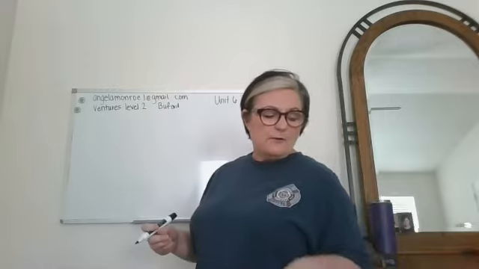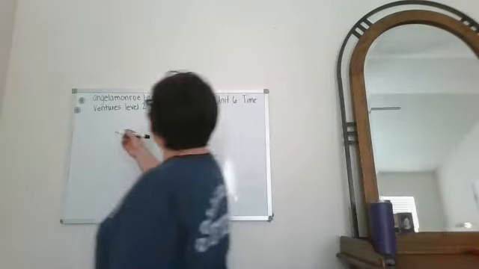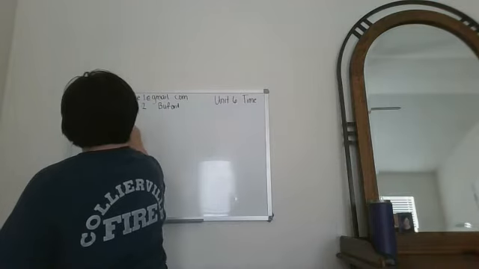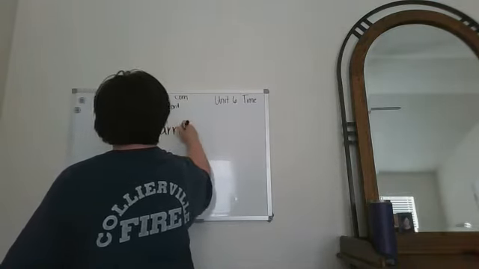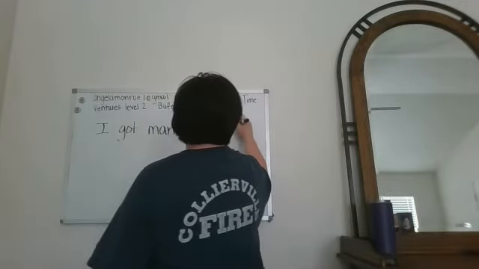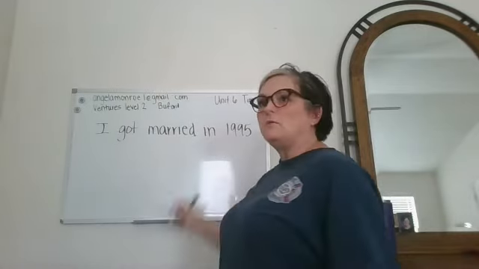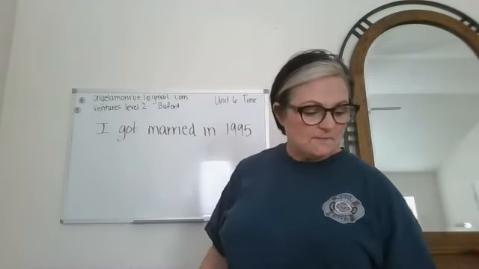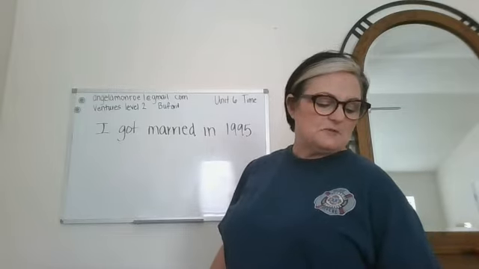So if I put a check by get married, I would come over here and write, I got married in 1995 or whatever, in January, whatever your answer is. And then say my other one I did was buy a car.